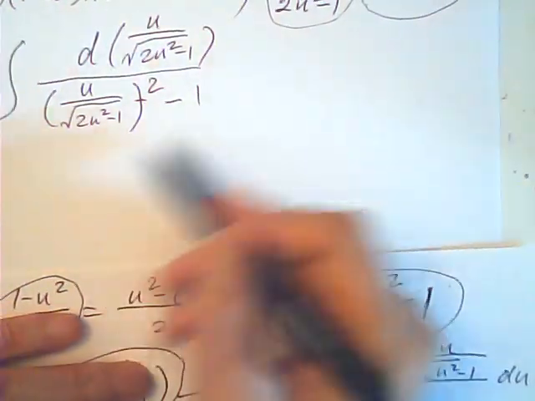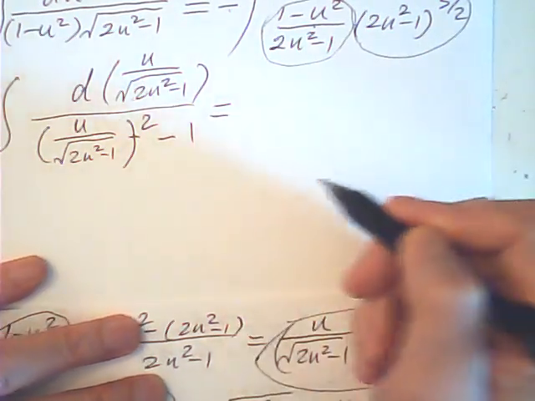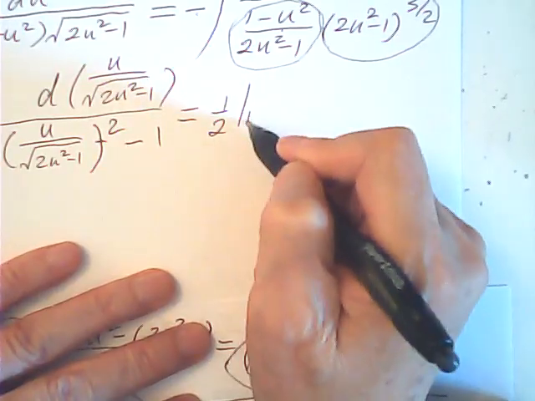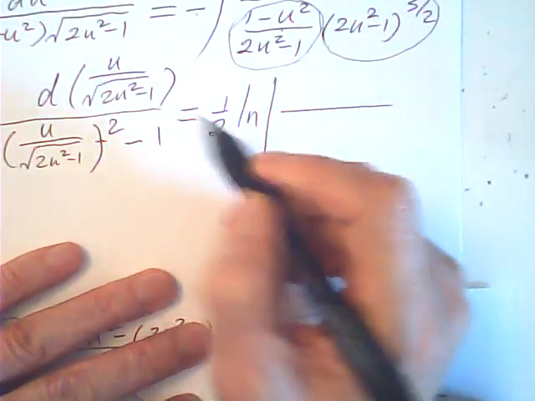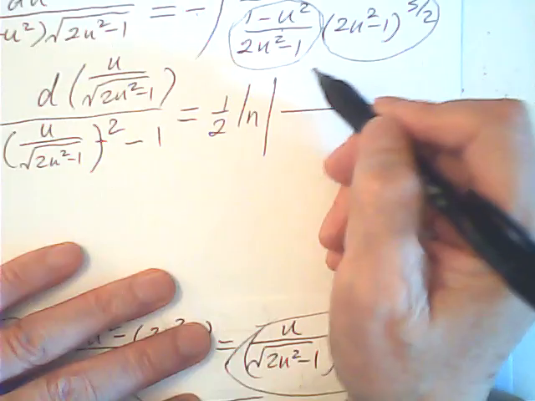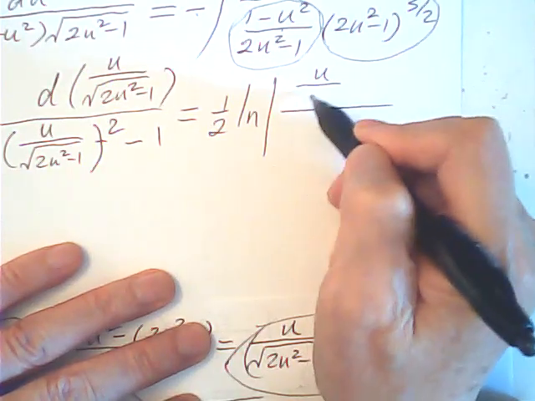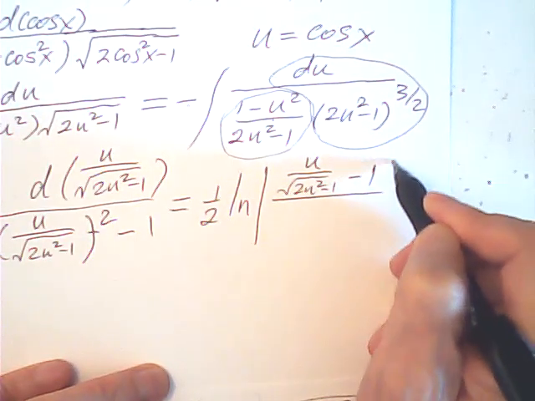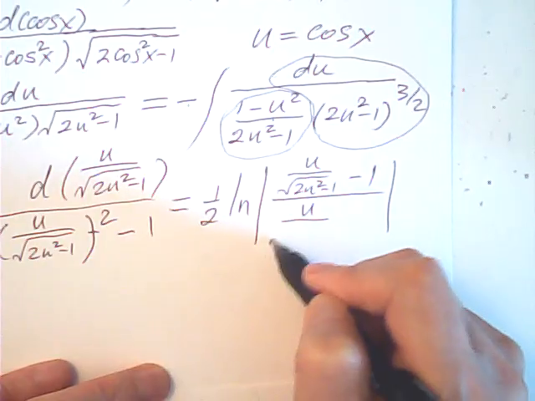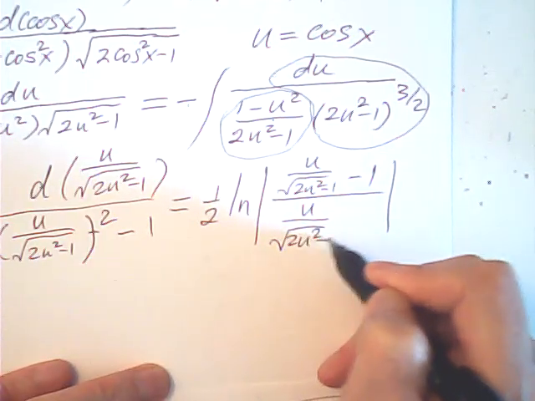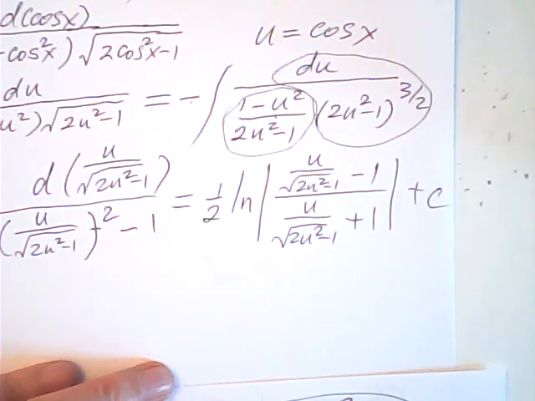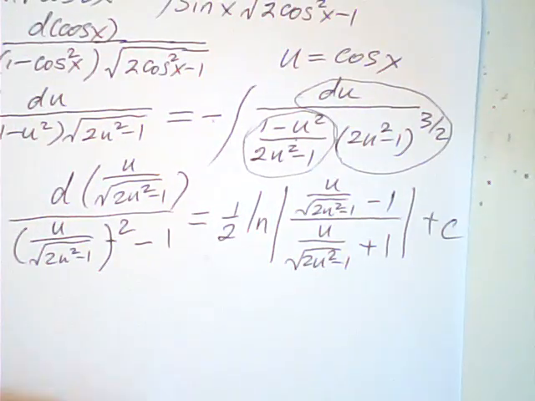So this is equal to half natural log of (u over the square root of 2u squared minus 1, minus 1) over (u over the square root of 2u squared minus 1, plus 1), plus c. So the integral has been done.